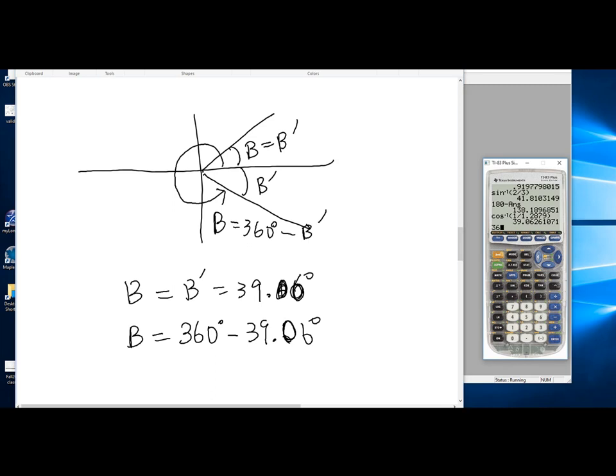So 360, take away the previous answer, equals 320.94. And so these are two angles between 0 and 360 where the secant B is equal to 1.2879.